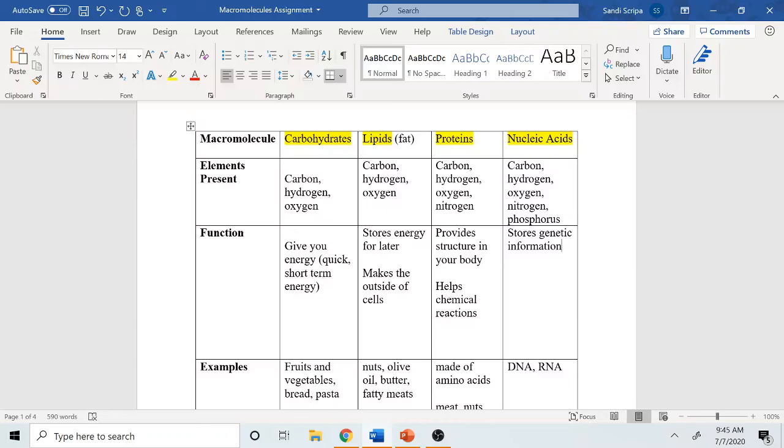So it stores genetic information. The second thing that nucleic acids do that maybe not as many people think about is that it makes proteins. So you actually get these proteins that are doing all of these jobs from your DNA and your RNA. Your DNA has the instructions on how to make those proteins, and we're going to practice that next week.